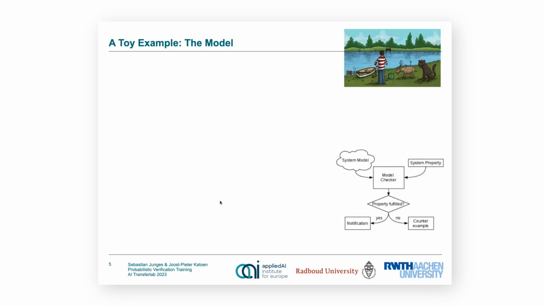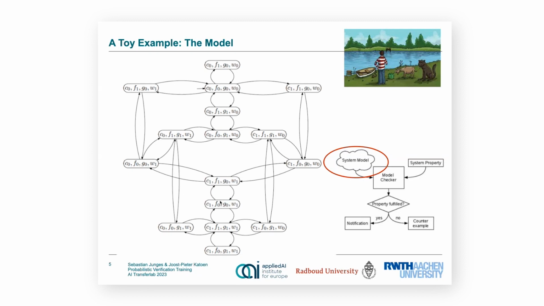So the first ingredient that we need is a model of the system, right? So how are we going to model this? Well, we're basically going to represent all possible scenarios, and you see this here on the left. And almost at the top middle, you see that we start with both the ferryman as well as the cabbage and the goat and the wolf at the riverbank 0.